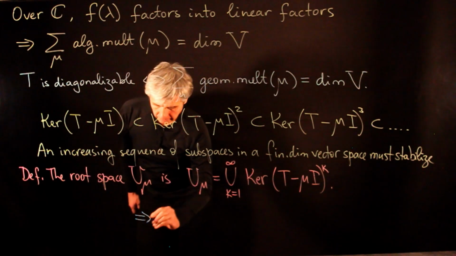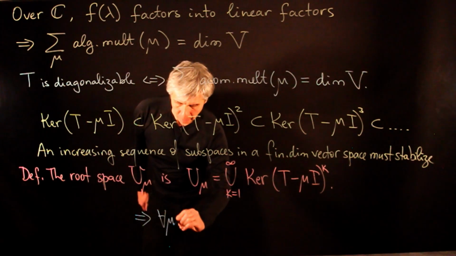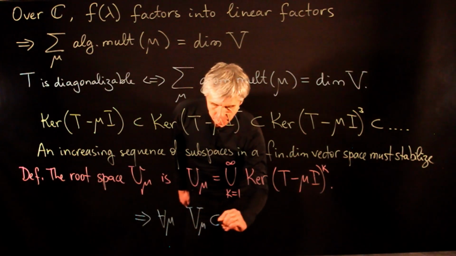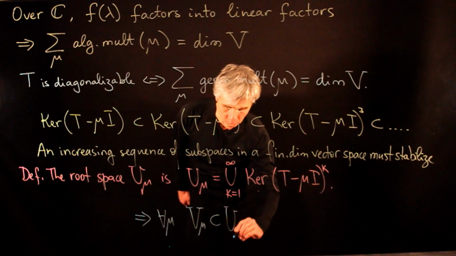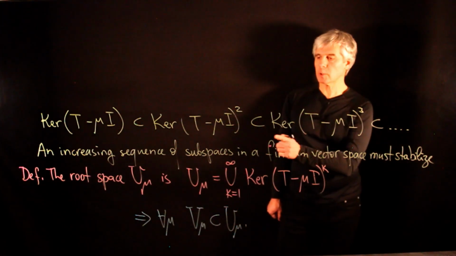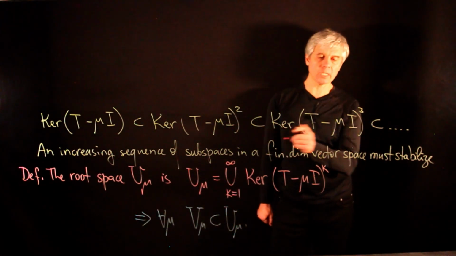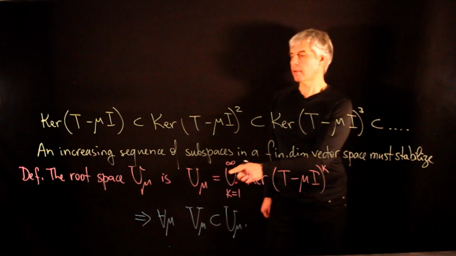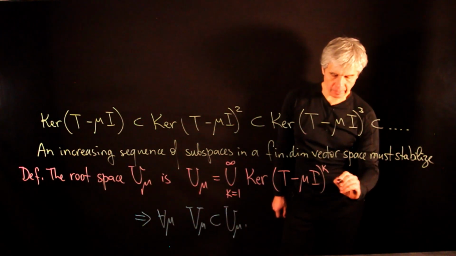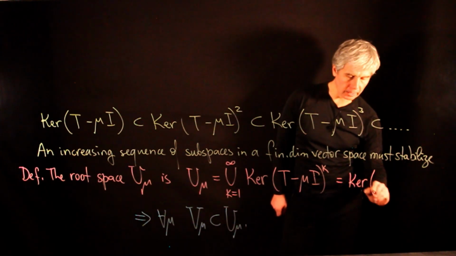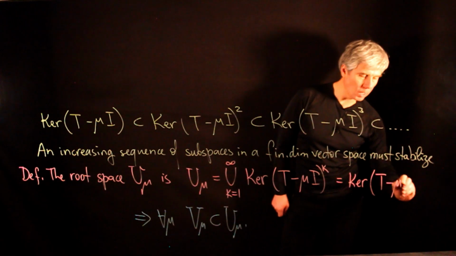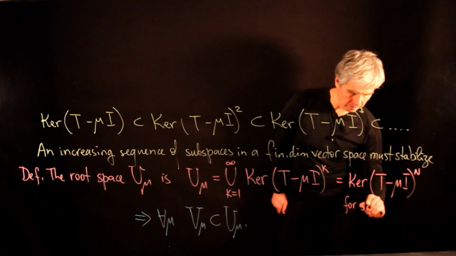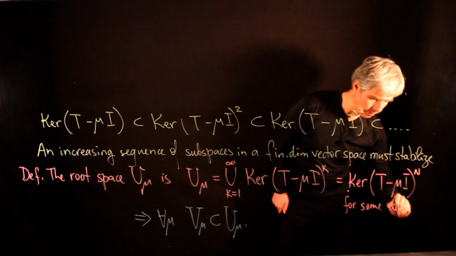This tells us that for every eigenvalue, the eigenspace V mu is a subspace inside the root space U mu. Let us also point out that if the stabilization of these subspaces happens after n steps, then we can write the root space as the kernel of T minus mu I to the power n for some large enough n.